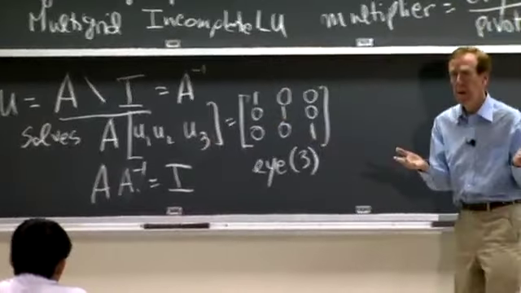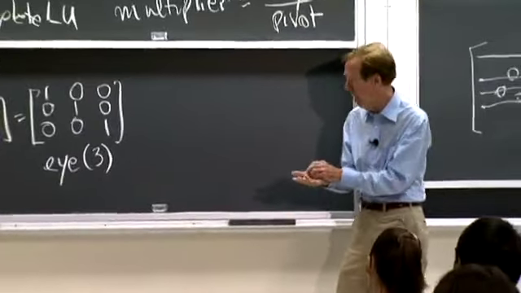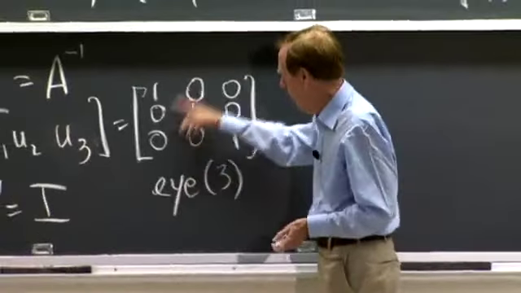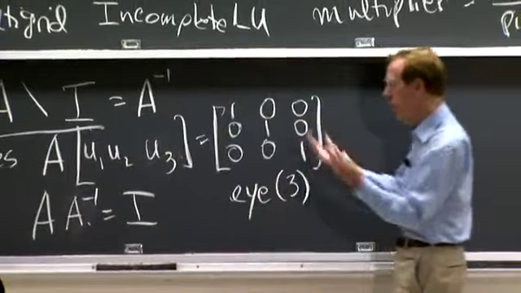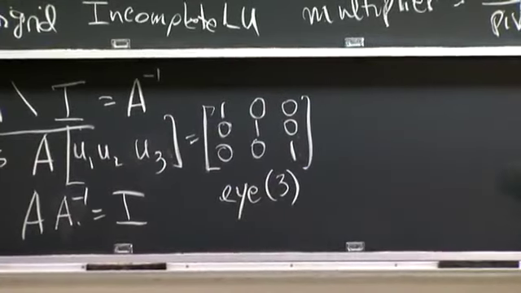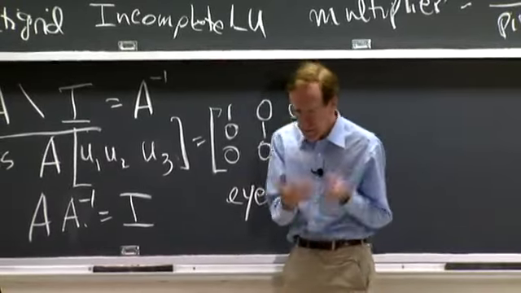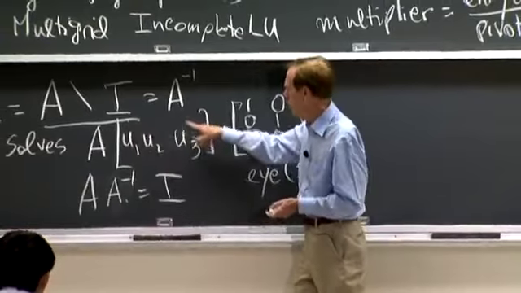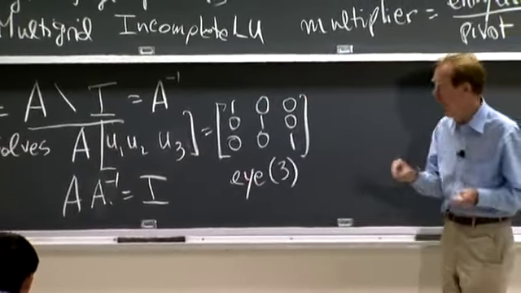What words might I use? I could call those impulse response. If I were in course 6, I certainly would. These would be impulses. These would be the responses to that impulse from our system. So those are impulse responses. But in linear algebra, the words I would use: U1, U2, U3 are the columns of A inverse, right?